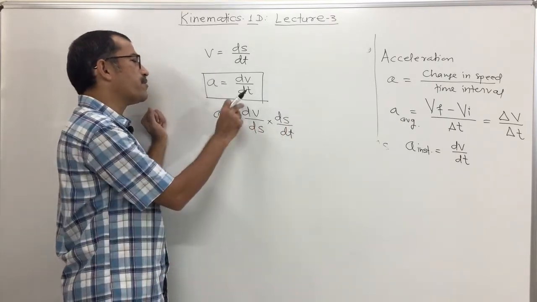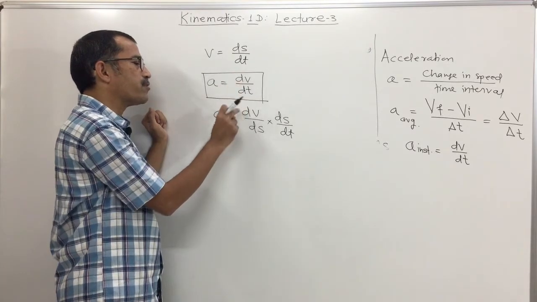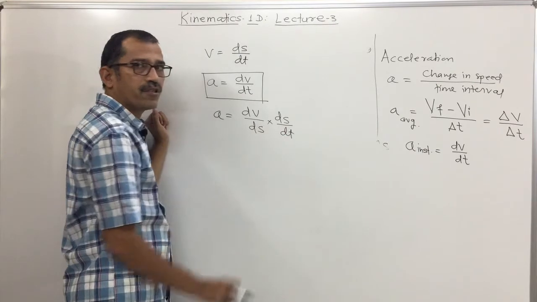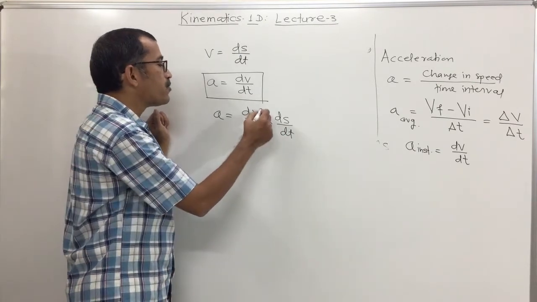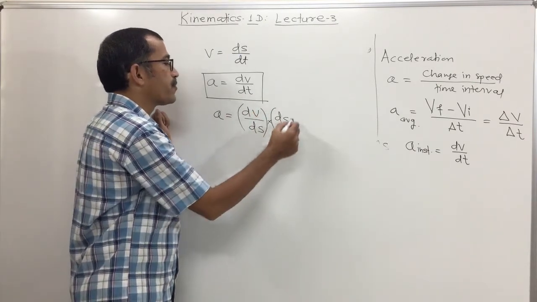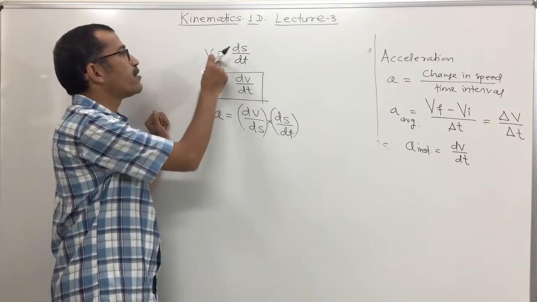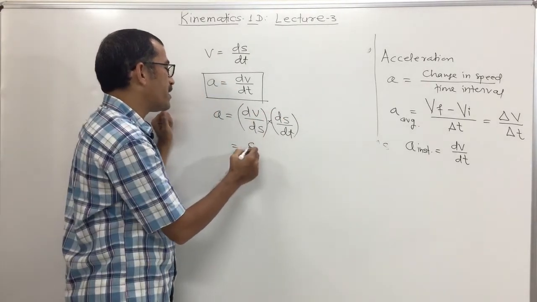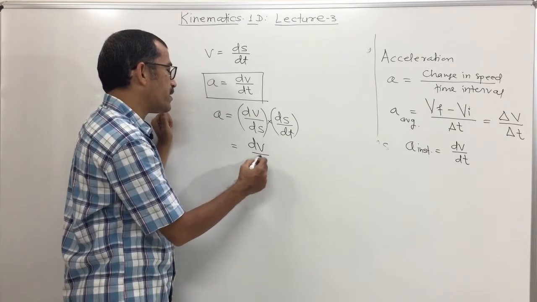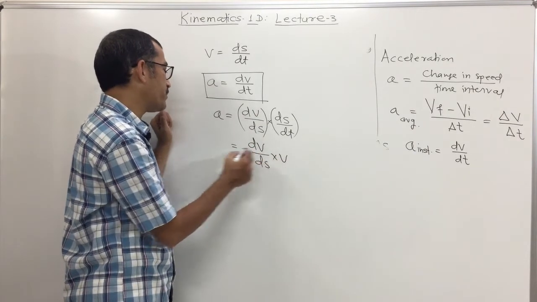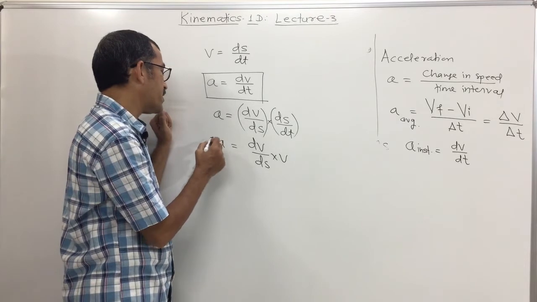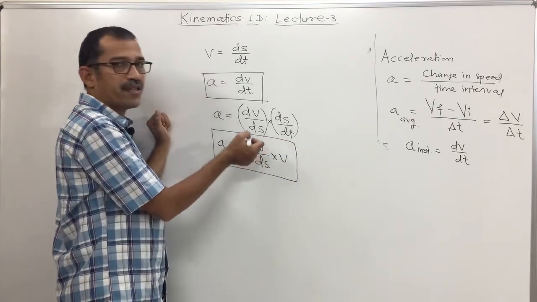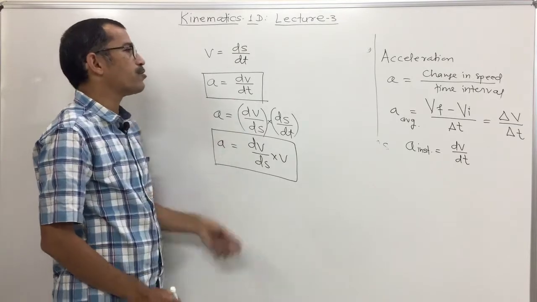Now ds by dt means speed, so what do we get here? dV by ds into V. That means acceleration in terms of speed, displacement and change in speed. This equation is also possible.